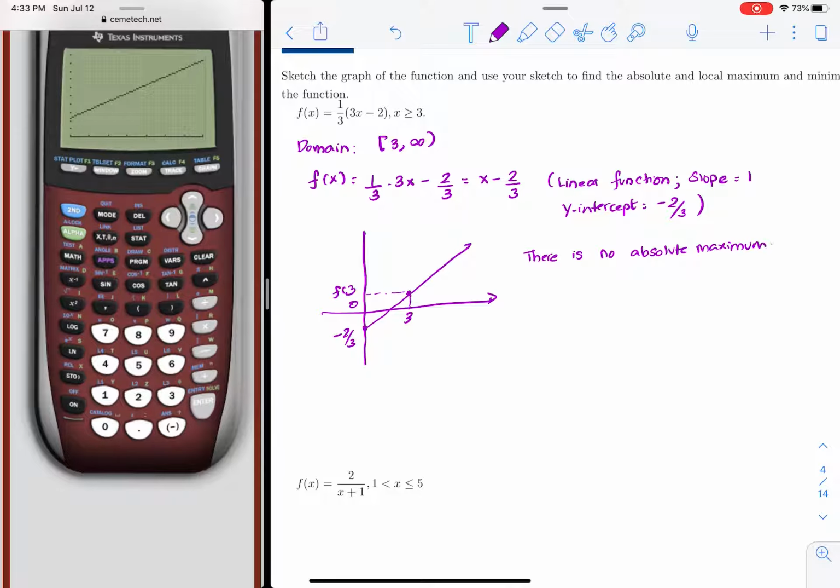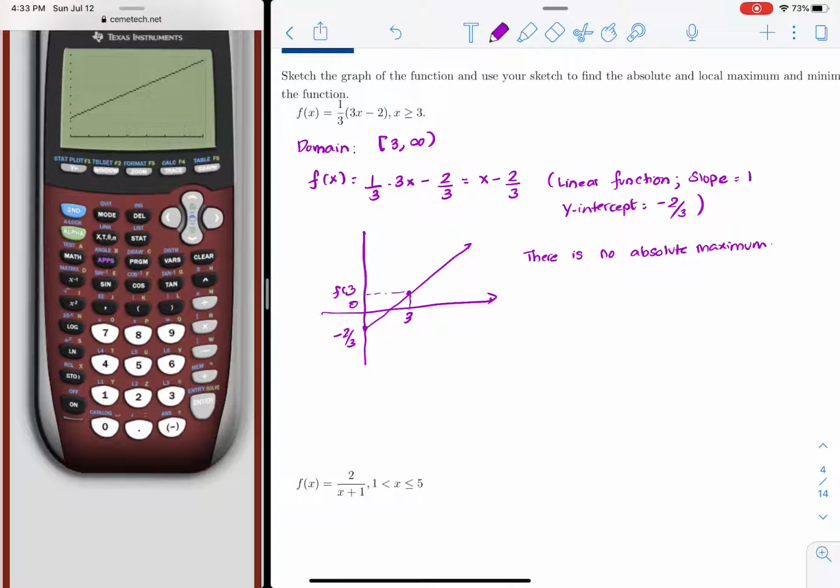Does it have a local maximum? It depends on the interval that we define. So I don't have a specific interval here, so we don't have a local maximum to look at, because we don't have an interval that is specified.